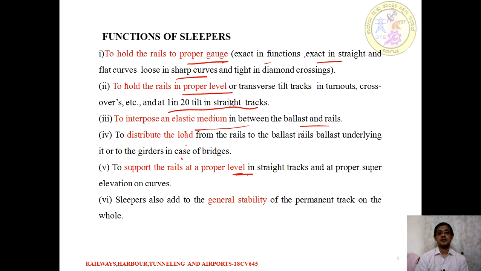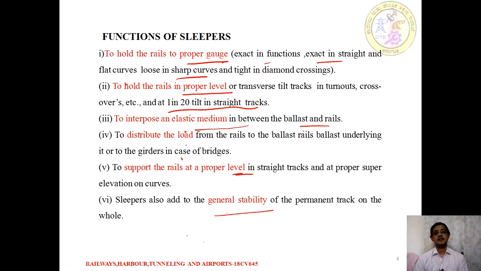For a straight track, and for a proper super elevation on a curve, the sleeper should provide a proper chair. Next, sleepers also add general stability for the permanence of the track as a whole. So, these are the functions of a sleeper.